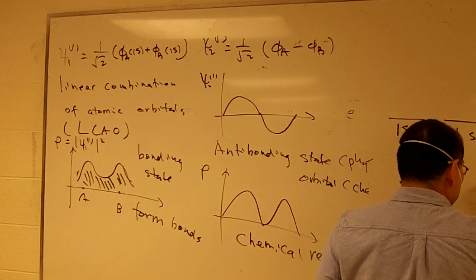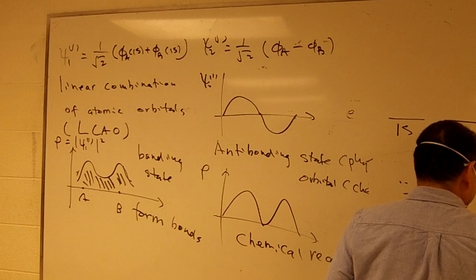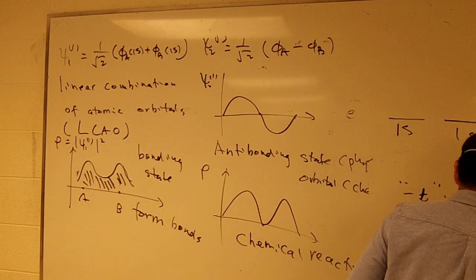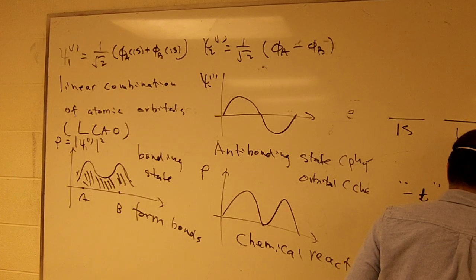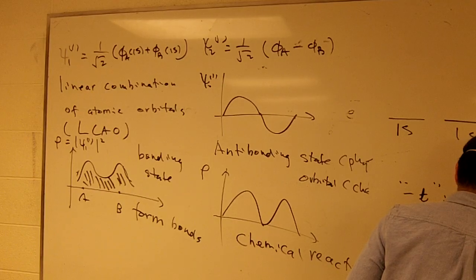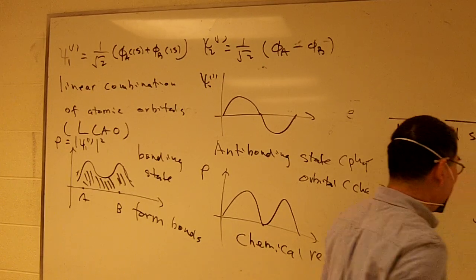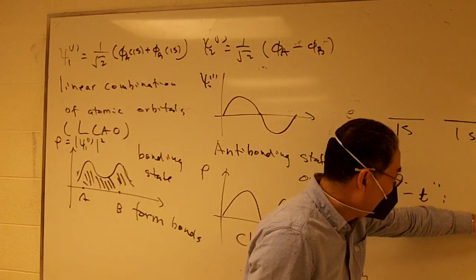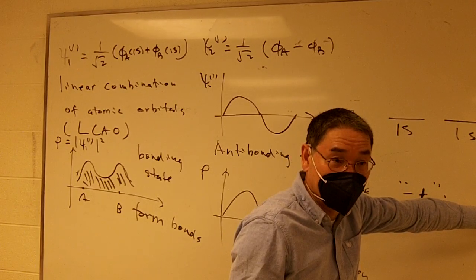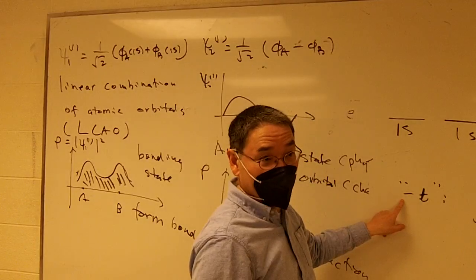If you do the integral of phi a, times e to the negative 4 pi epsilon 0 r prime, times phi b dr, like this, this integral will produce a negative sign. That's why this will become negative.